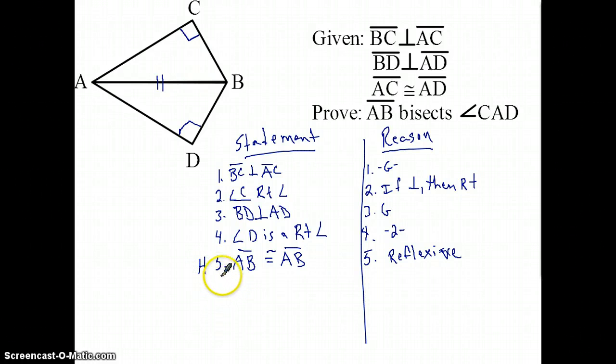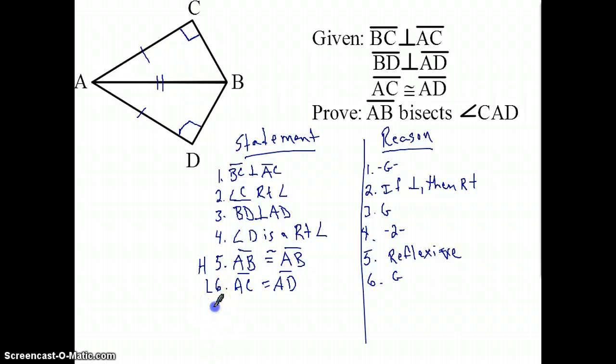Now we need to get a leg. Let's use our last piece of given information, that AC is congruent to AD. And that gives us our leg.